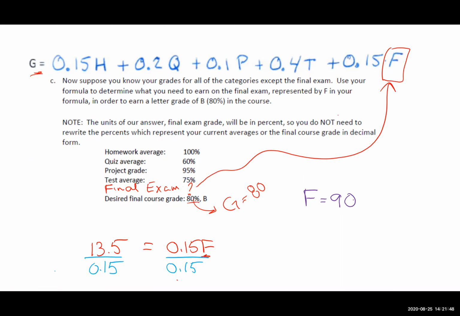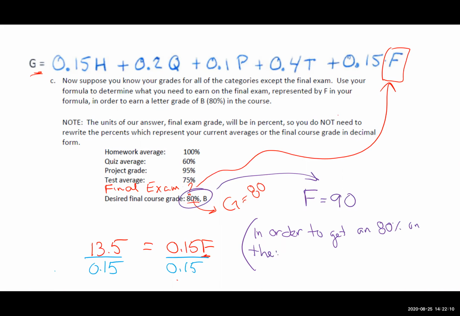Now what does that mean? Well, what that means is in order to get the B as a final grade, I need a 90% on my final exam. Well, what I should say is I'm talking about report cards.